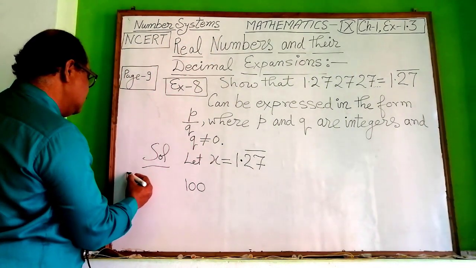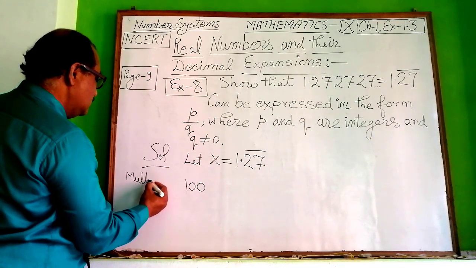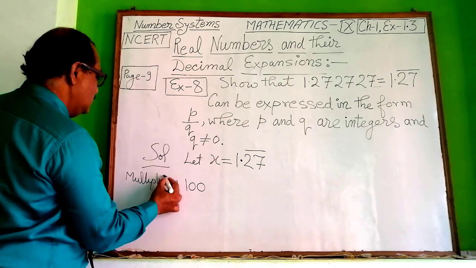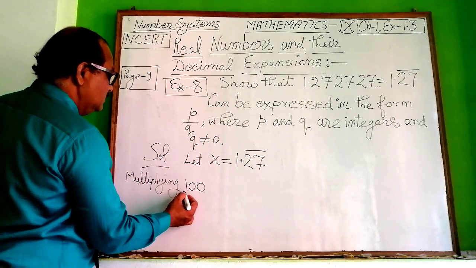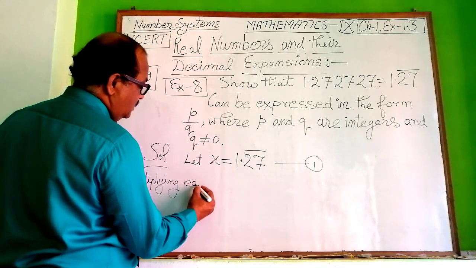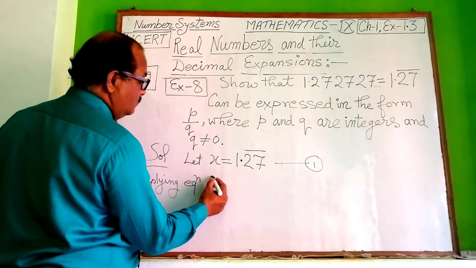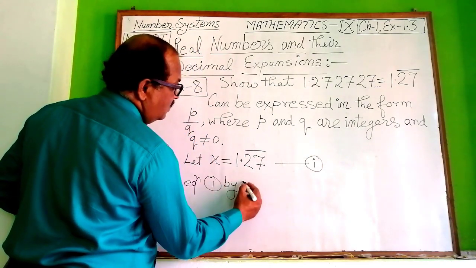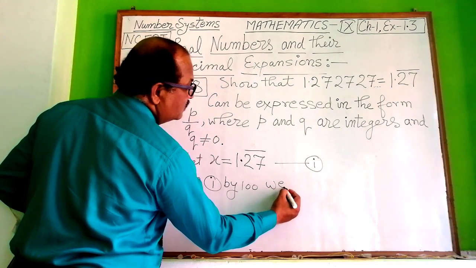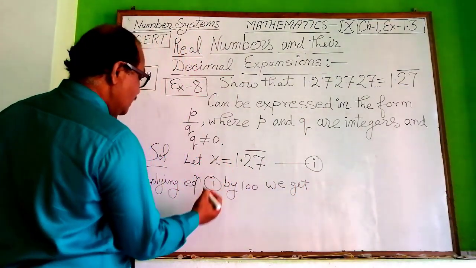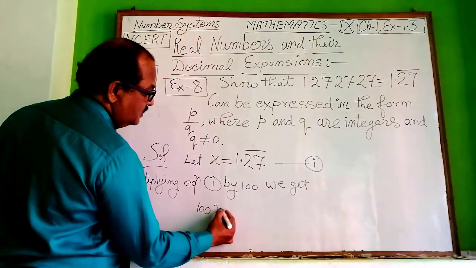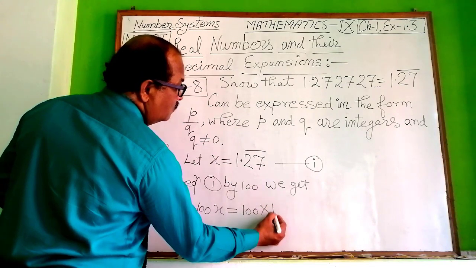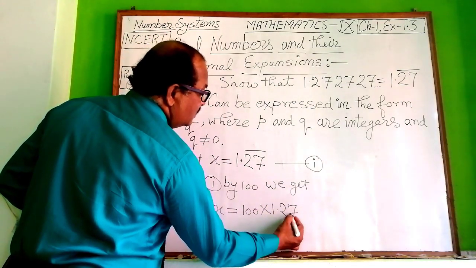So you must write, multiplying equation 1 by 100, you get 100x is equal to 100 into 1.27 repeating.